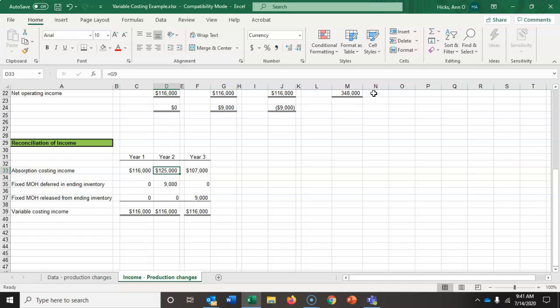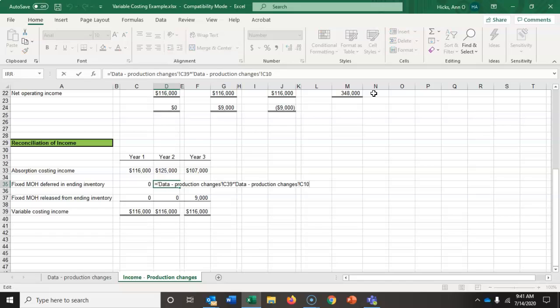Year 2, we have absorption costing income of $125,000. Then we had those 2,000 units at $4.50 in fixed overhead, so $9,000 of fixed overhead was deferred in ending inventory, meaning it wasn't expensed, it remained on the balance sheet.